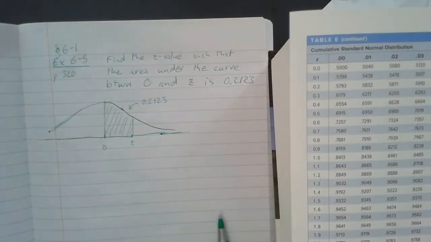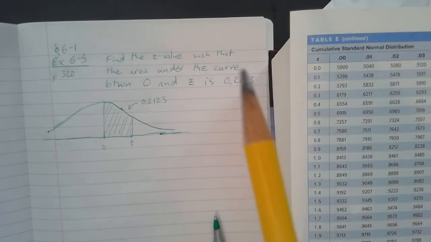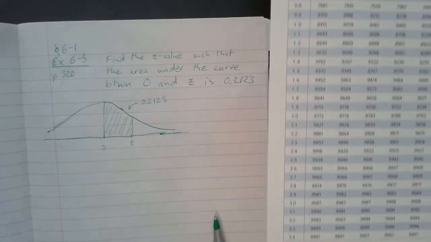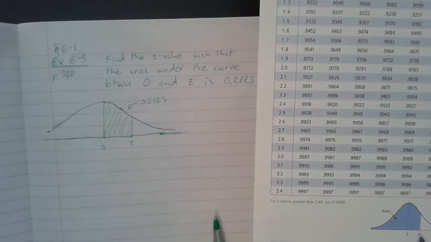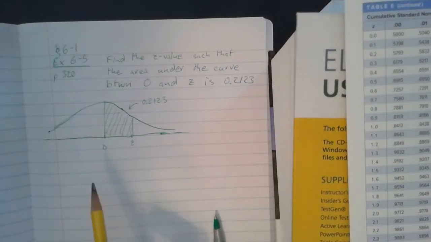All right, now that being said, we are not going to just simply look for 0.2123, because remember our z table gives us the area from z and everything to the left, and that's not what we want. Our picture is a middle area.